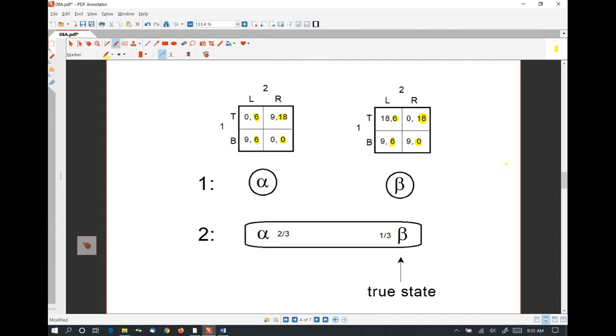So the payoffs of player 2 are common knowledge.